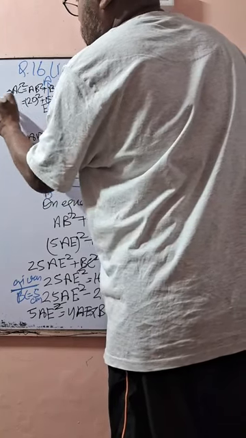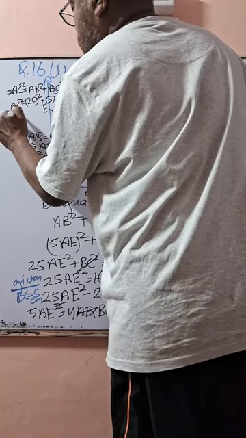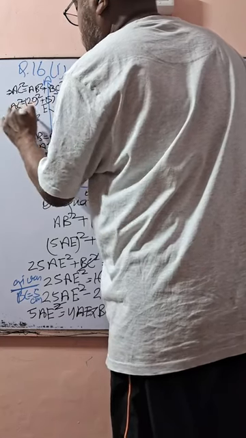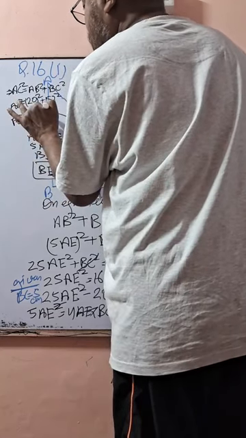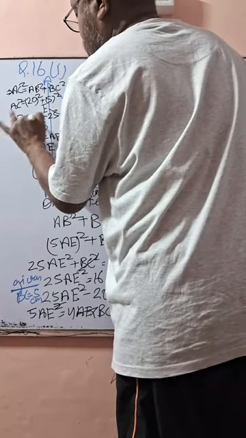This is AC square. So AC square is equal to 400 plus 25, becomes 425.